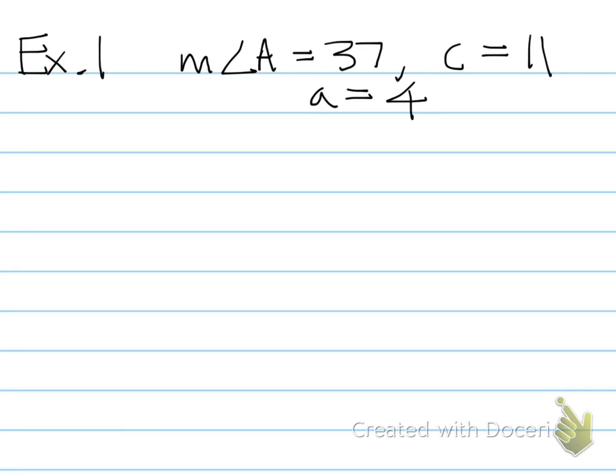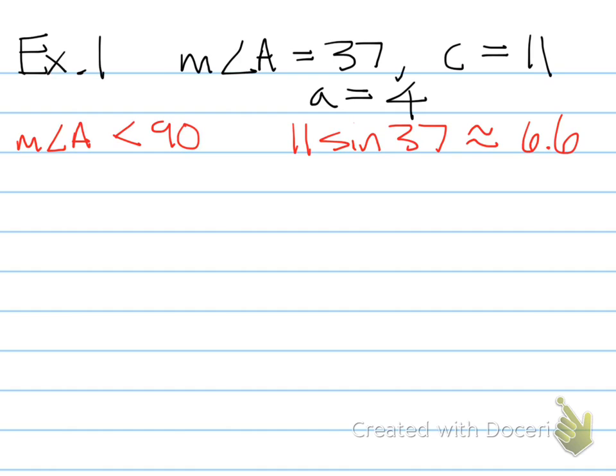All right, so in this example, we are given the measure of one angle, and that angle is the non-included angle, and we're given two sides. The measure of that angle is less than 90. So we want to find the measure of the side that is not opposite that angle, which is 11, times sine of the angle A, which is 37.